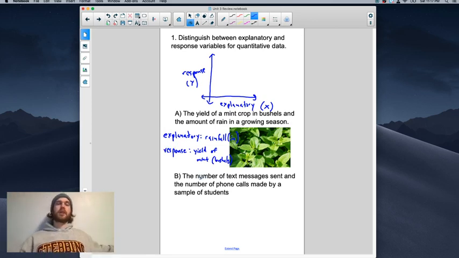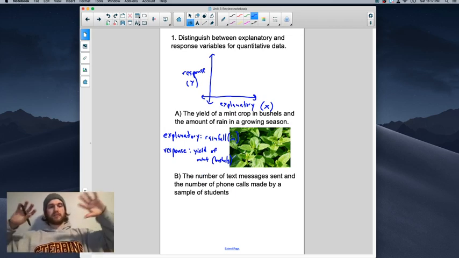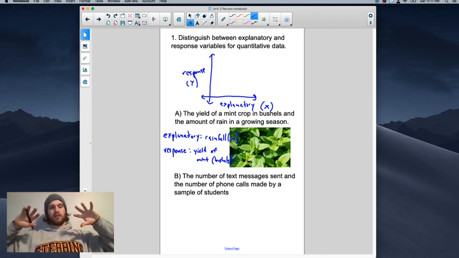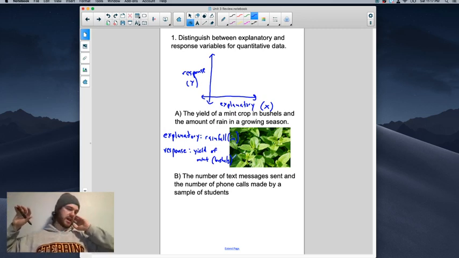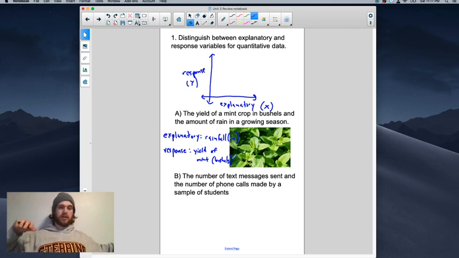Okay, next one: the number of text messages sent and the number of phone calls made by a sample of students. If you're looking at text messages and phone calls, is there any one that necessarily creates a change in the other? Is there any order that really happens, or a hierarchy of things that are happening?